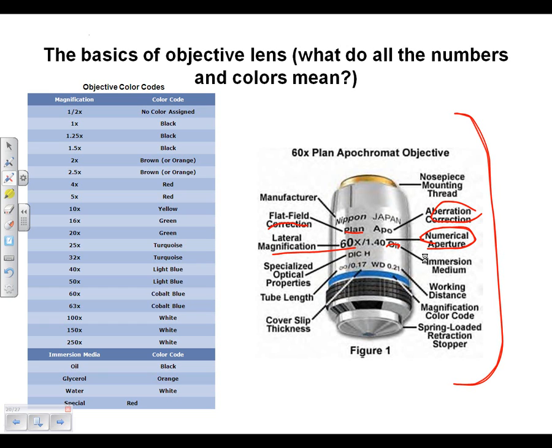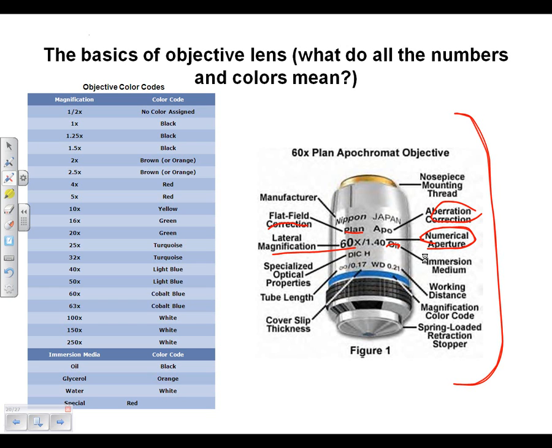What it does mean is if you try to use the oil lens without having the oil on there, you might not be able to focus it right. So if you're having trouble focusing, one of the things to look at is, do I have the oil lens turned down and not have oil on it? Because the lens is essentially ground so that it's expecting the oil to be there.